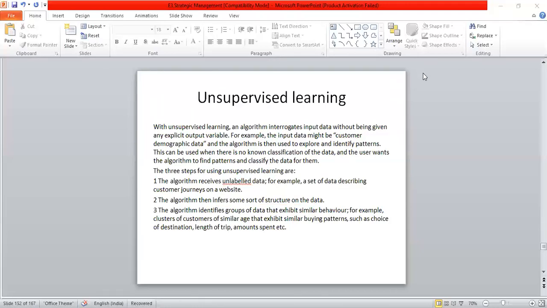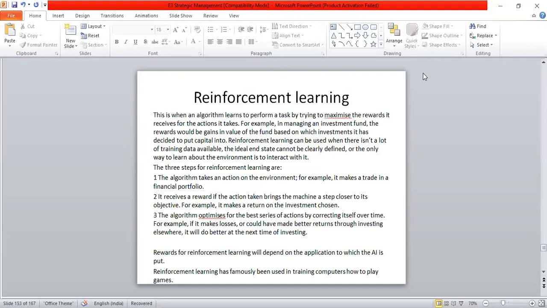Then we have reinforcement learning. This is when an algorithm learns to perform a task by trying to maximize the rewards it receives for actions it takes.